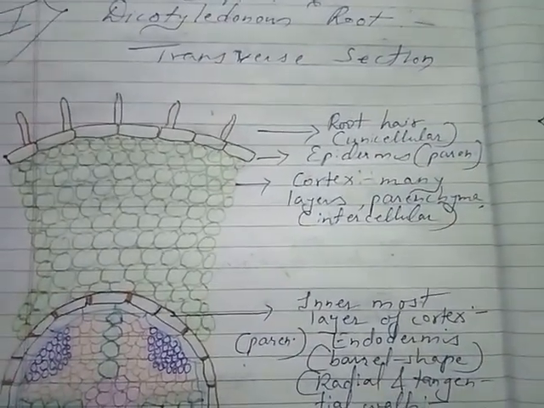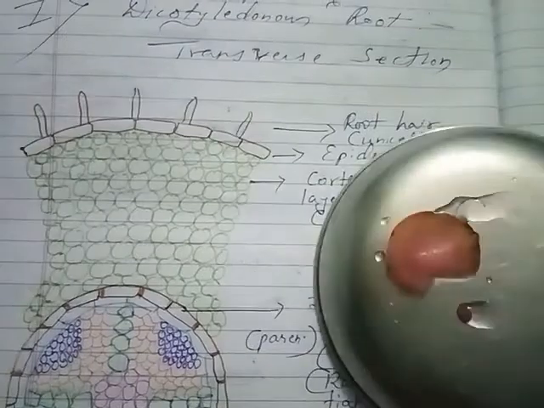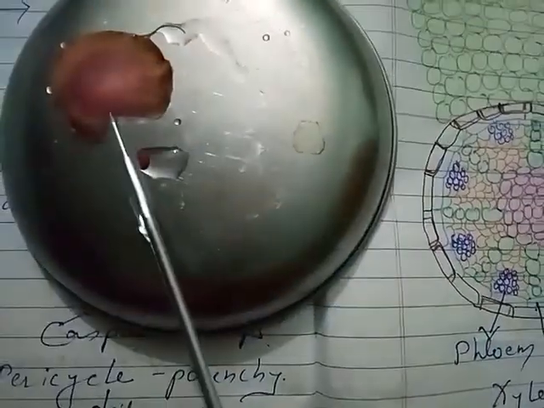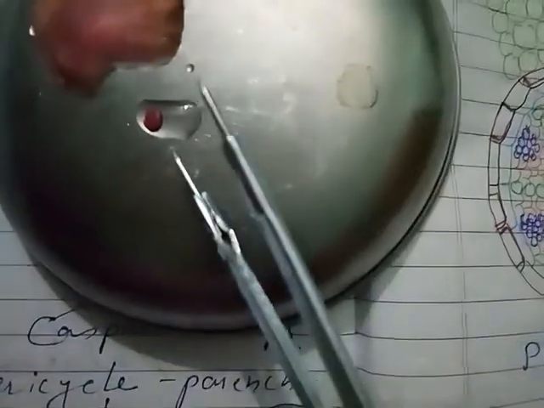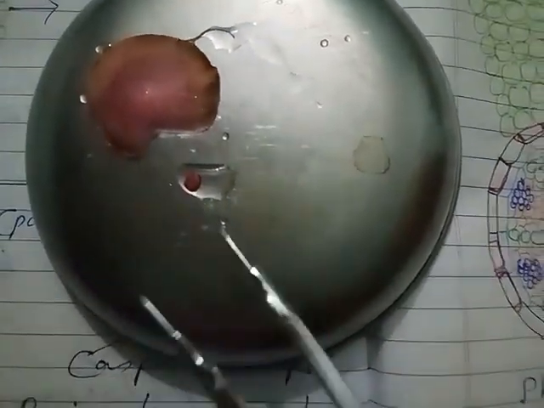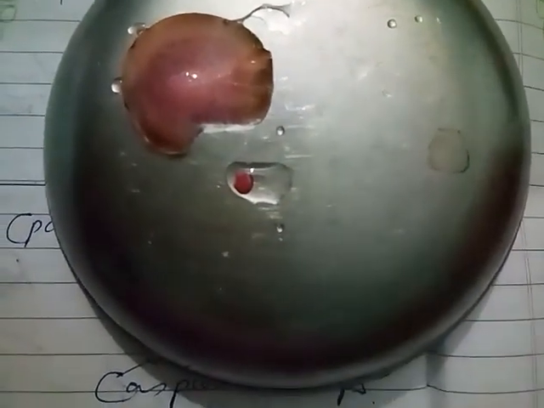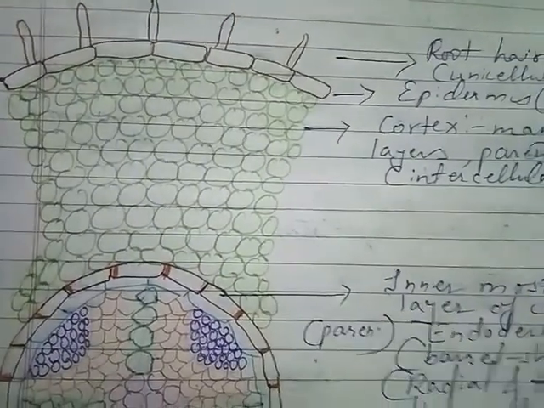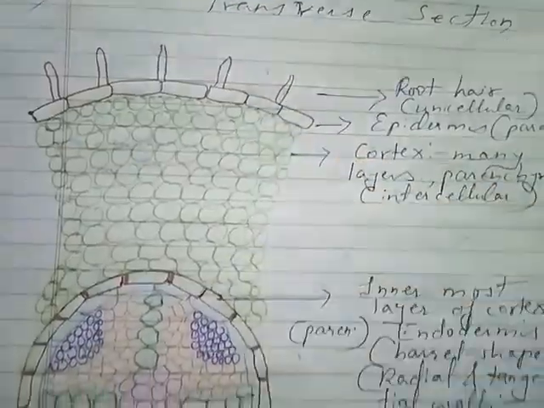So if we take a transverse section, then it will be a circular section like this. This one is the section of the root. This is section of root, while this one is section of stem. So in case of root, it is a circular section. Here in this diagram, I have shown only the part of the circular section.